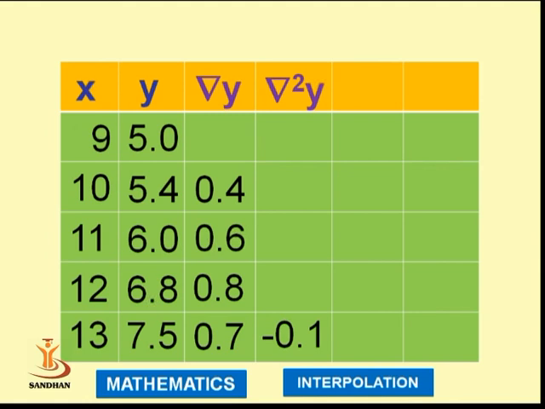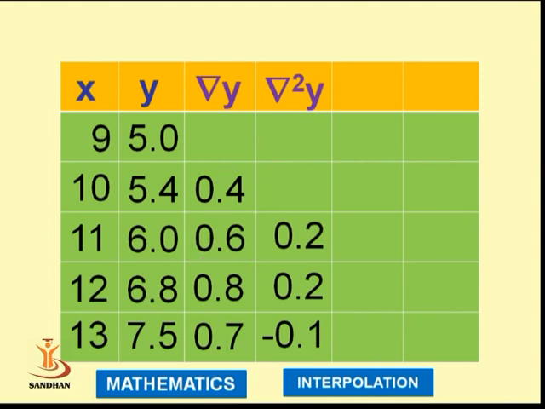Nabla 2 y4 is equal to nabla y4, that is 0.8, minus nabla y3, which is 0.6. So 0.8 minus 0.6 is 0.2, which corresponds to nabla 2 y4. And nabla 2 y3 can be obtained as nabla y3 minus nabla y2, which is 0.6 minus 0.4, equal to 0.2. So nabla 2 y3 is equal to 0.2.